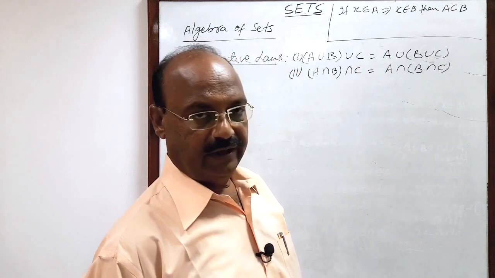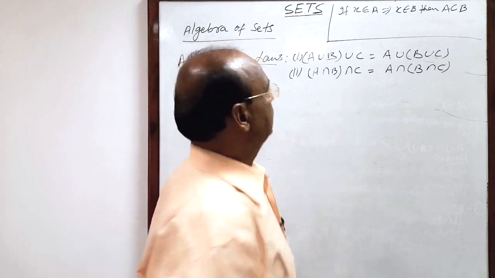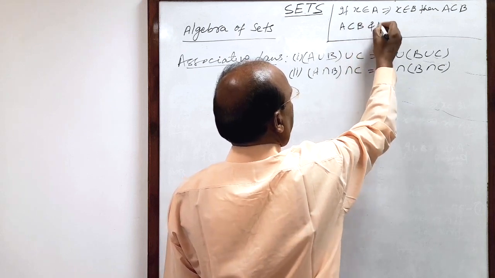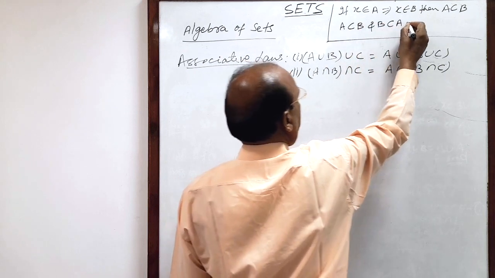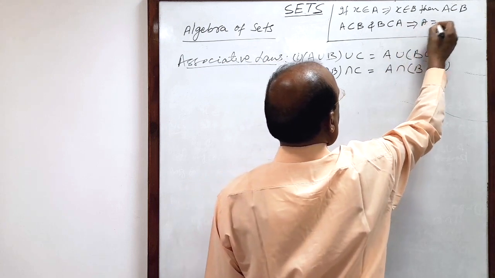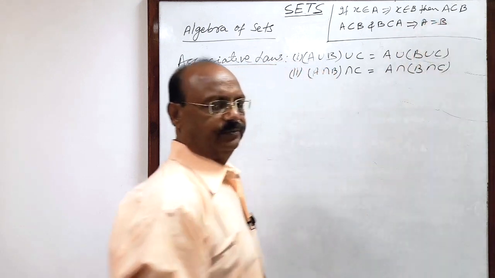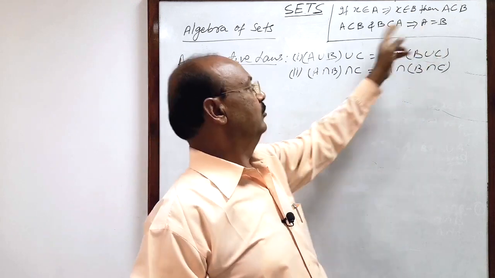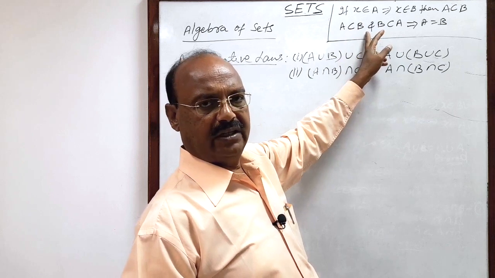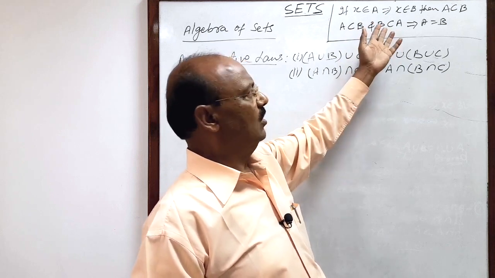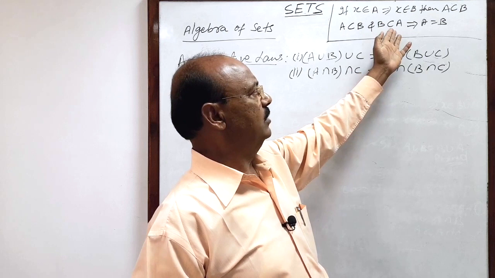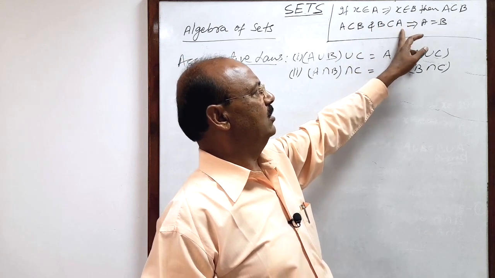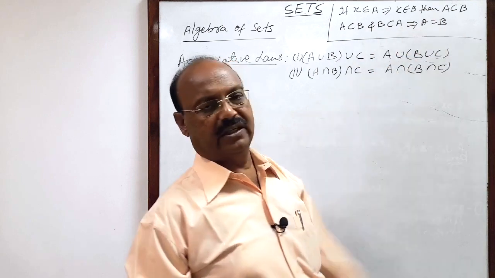And the second property that we will be using here: if A is a subset of B and B is a subset of A, this implies that set A is equal to set B, correct? Two sets are equal if one set is a subset of another, and the converse is also true, the second set is a subset of the first set.